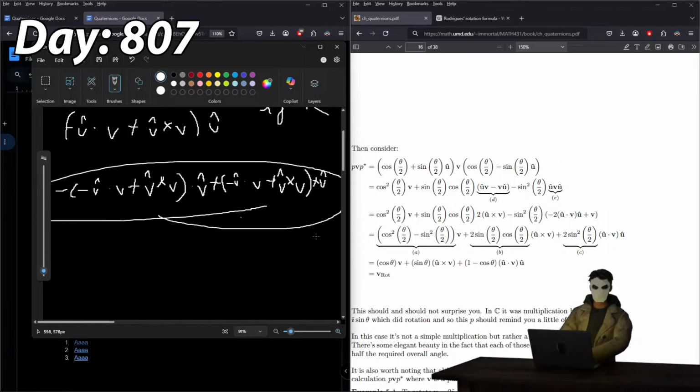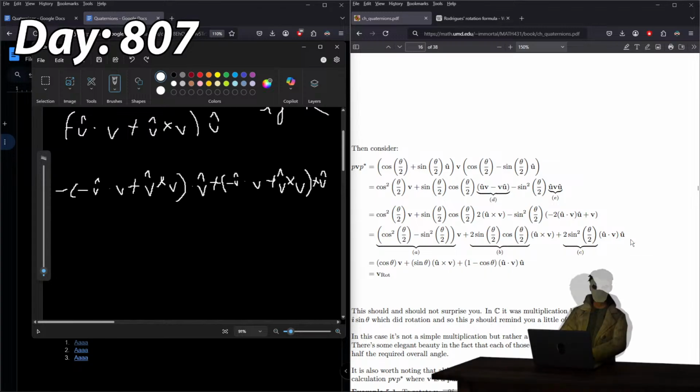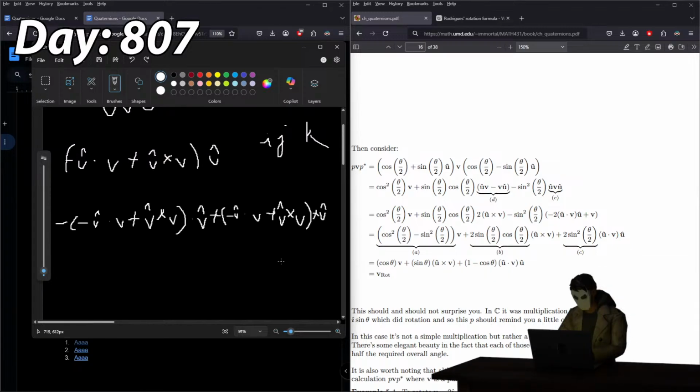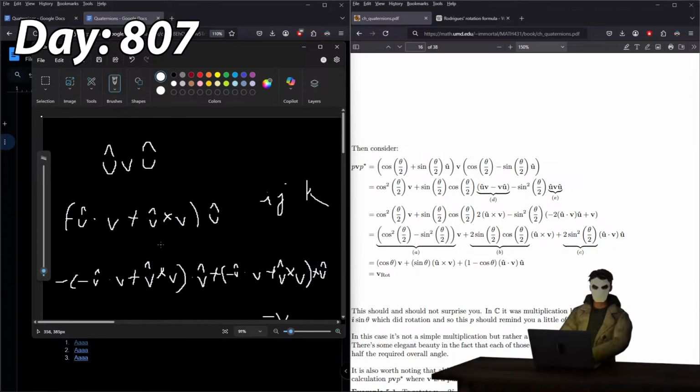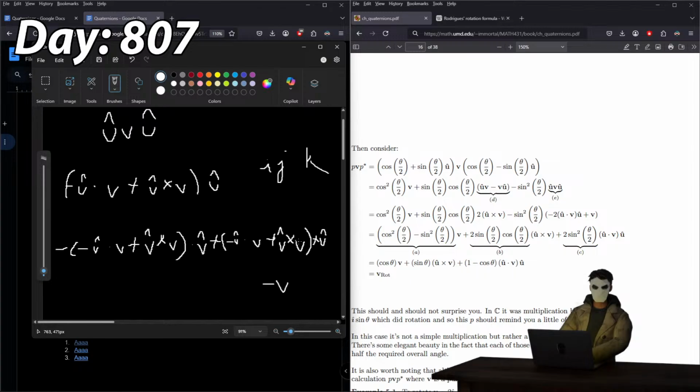How do I get from here to this? Well, u cross v is just negative v cross u. Right here it shouldn't be u cross v. Right here it should be v cross u.